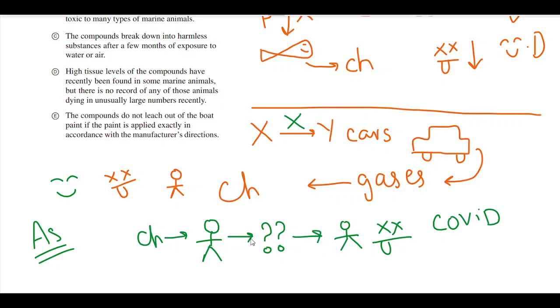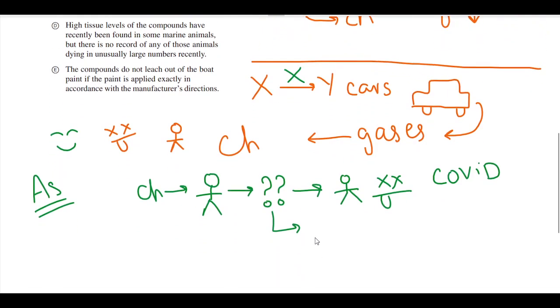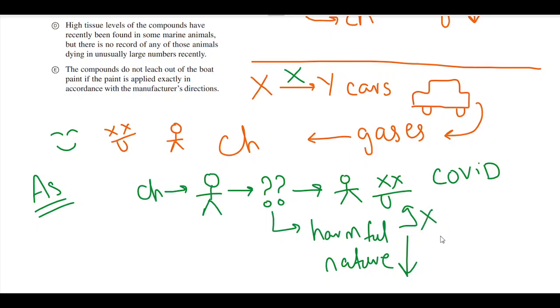So the argument is assuming that this chemical, once it goes through a person, or if a person gets rid of it, its toxicity, or its harmful nature, is rapidly reduced to a certain point that it has literally no effect on others, and it's not a threat to others anymore.